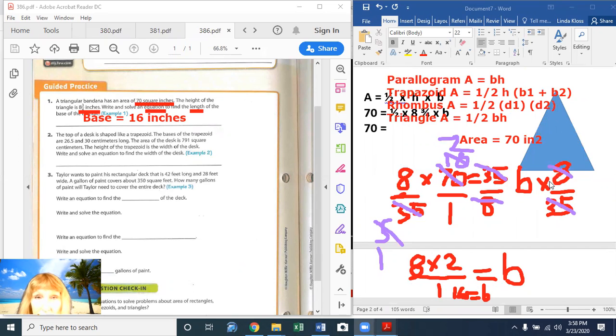Then you could see if your answer comes out to 70, which is what they said in the problem the area was. If it does, then you know you did it right and you've got the correct base calculation.